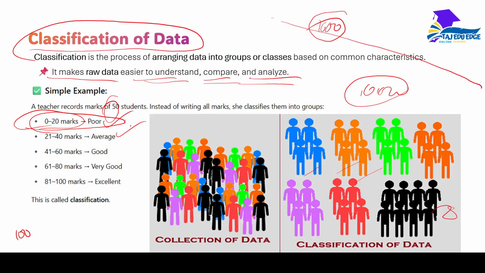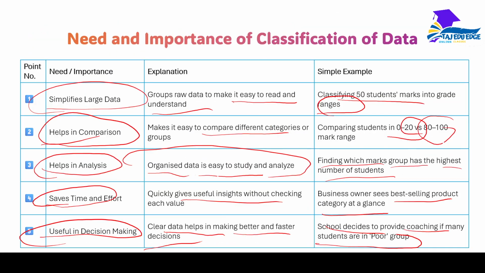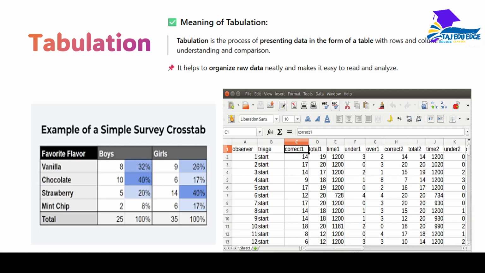If we feel that the students who are falling in the poor and average groups should be given more focus, then the school decides that we can give them special classes, we can give them some additional attention. For that they will take some action. That is what we call decision making. So this is about the classification of data. In the next video, I'll be discussing the tabulation of data.